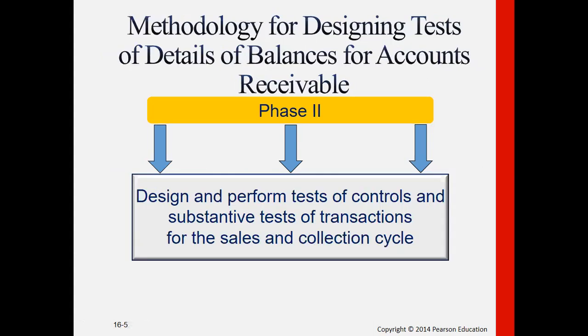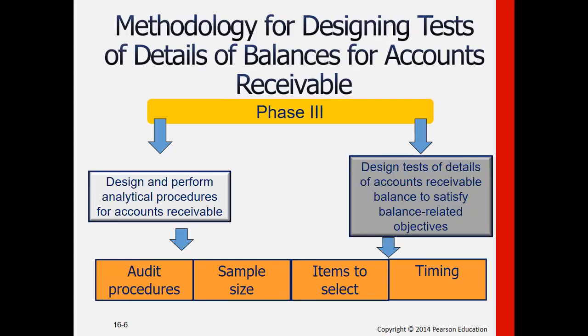In phase two, we now have to design and perform our TOC and the STOT for the sales and collections cycle. In phase three, we can also do our analytical procedures, meaning the ratios again, and we will also perform the tests of details of AR balance, so the TDB, to satisfy the balance-related objectives.